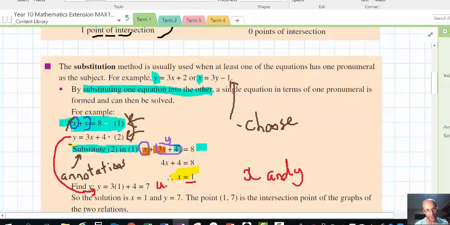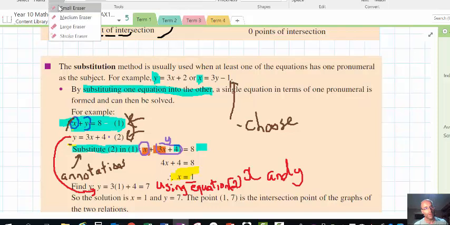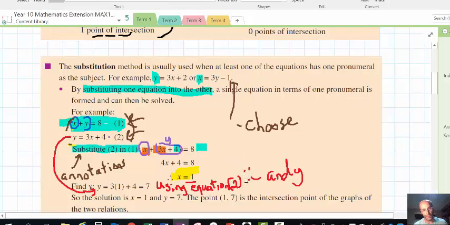So really the author should have said using equation 2. You should be telling your reader what you're doing with these. Okay, so just getting rid of that to declutter a bit so it's not too busy for you.